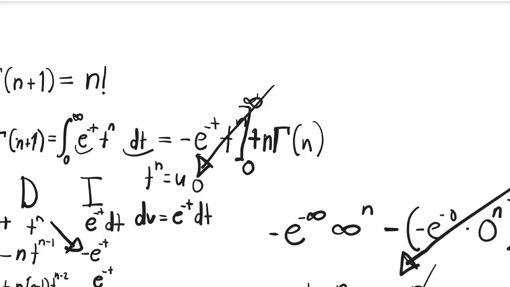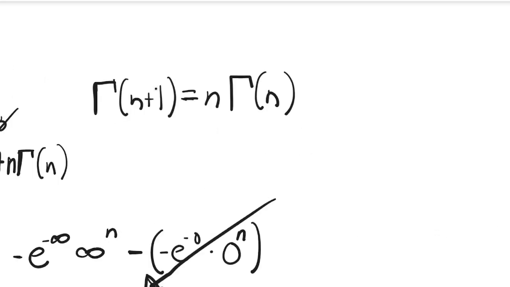And this is quite interesting because if you add only 1 to the argument of the gamma function, this will be the same as the argument times gamma of the same argument minus 1.